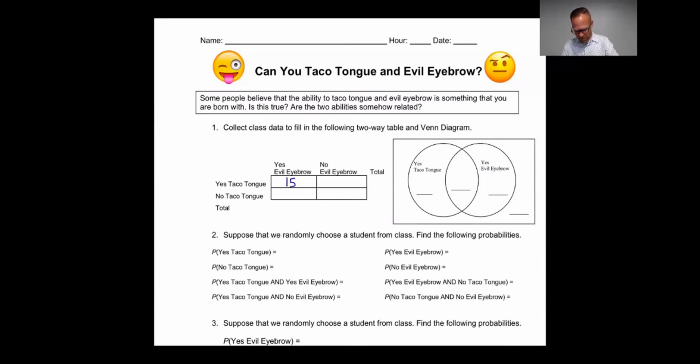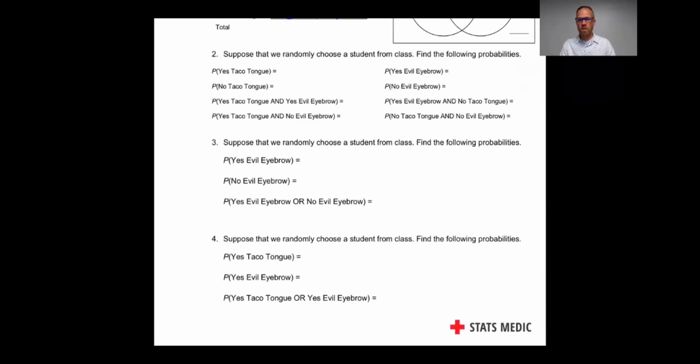There were 5 students like me who were yes, taco tongue, and no evil eyebrow. 3 students who couldn't taco tongue but could evil eyebrow. And then there were 7 students who could not do either. So that's all the information that you need in order to complete the activity. So go ahead and work all the way through question number 4, and then come back here in order to check your answers. So go ahead and pause the video now.